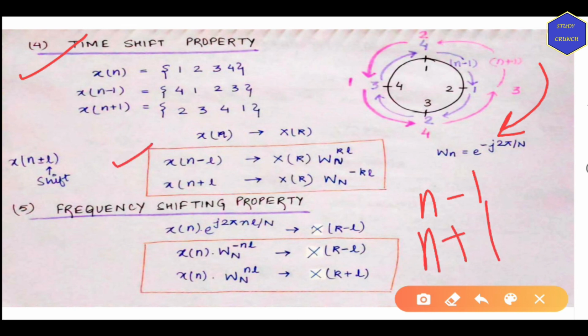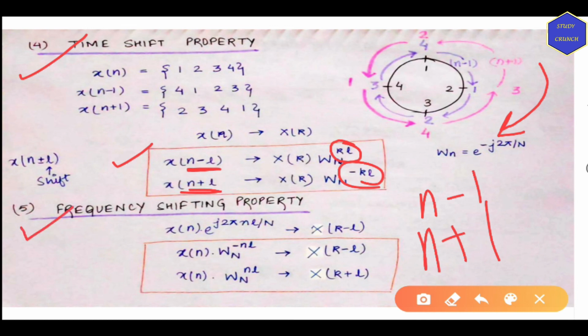So x of n minus L is equal to X of k times W_N to the power kL, and plus or minus L is the shift in the property. If we have n minus L, it will be plus kL, and if we have n plus L, it will be minus kL. We'll be looking at examples on problems in the next lesson. Then it will be very clear.